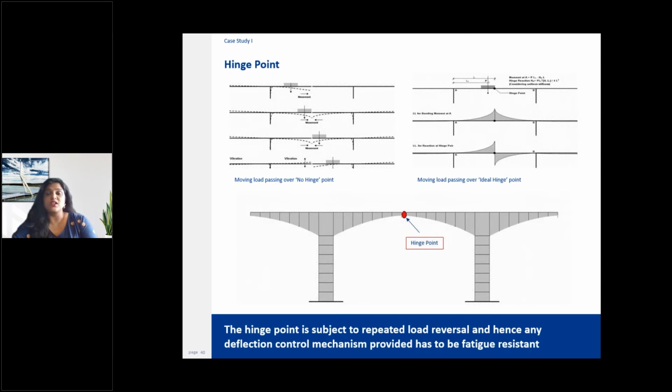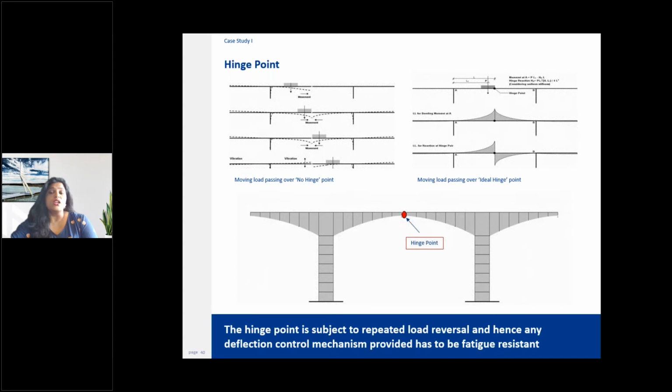But this is not so true in the case of the not so ideal hinge, as can be seen in the next picture, right? We can clearly see that in the case of a not so ideal hinge, when the load is moving from one side of the hinge point to the other side, the deck ends are not going to be moving in unison, which will cause a lot of fatigue stress and eventually maybe even loss of pre-stress on the cantilevers.